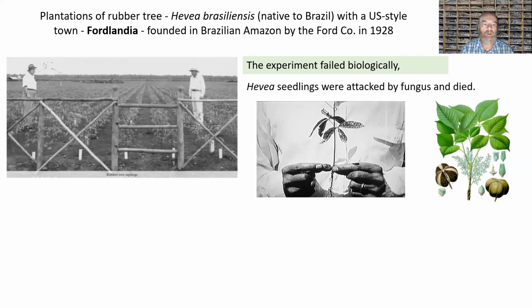This is another huge manipulative experiment, which was sort of unintentional, and this time it applies to fungicides. This is Hevea brasiliensis, the rubber tree, which is, as the name suggests, native to the Amazon. And in 1928, Henry Ford didn't like that his automobile business was dependent on British rubber from the Southeast Asian plantations, and so he founded Fordlandia, a town in the middle of the Amazon forest, and planted huge areas of Hevea, which were immediately destroyed by fungus.